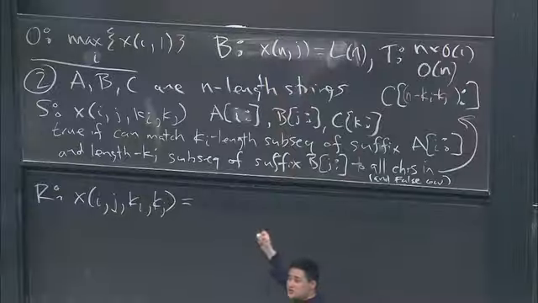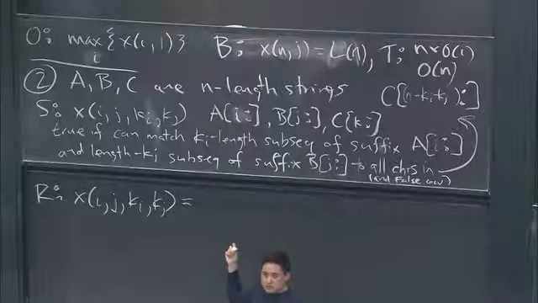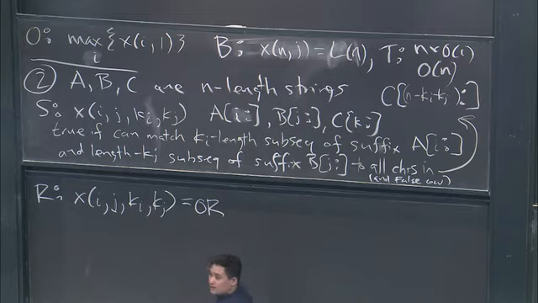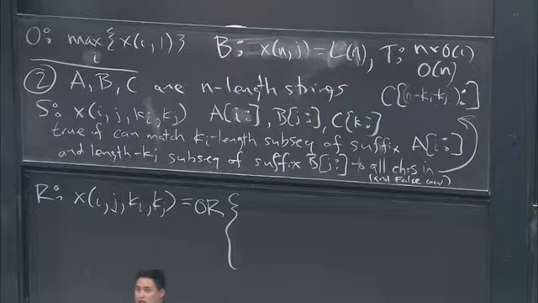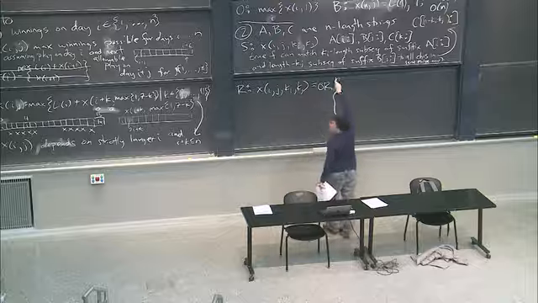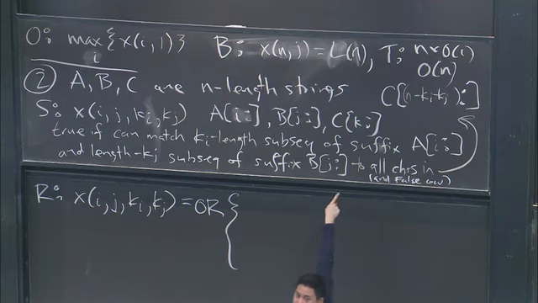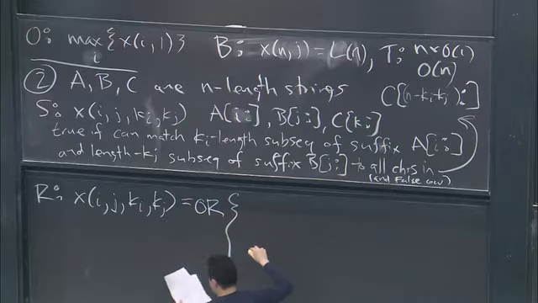I just want to see if any of them are true. I'm going to OR over them. Okay? And I'm going to OR over 4 choices. What are my choices? Either the first thing in A matches with C, the first thing in B matches with C, or I don't match with either, right? So those are my 4 choices.